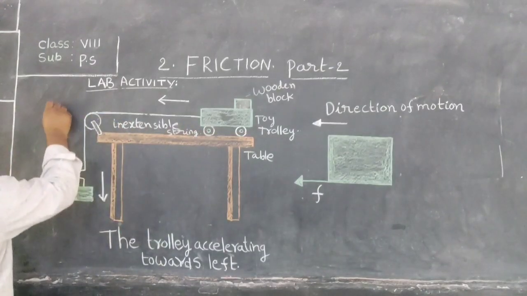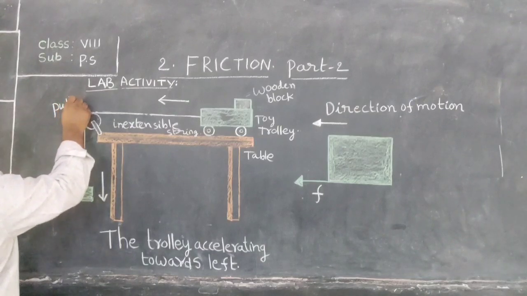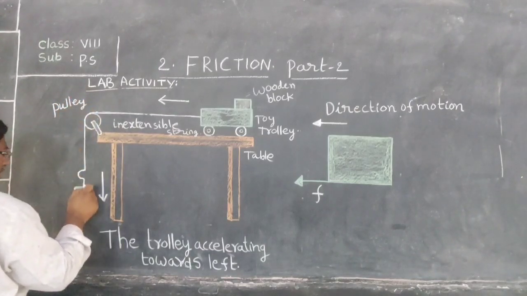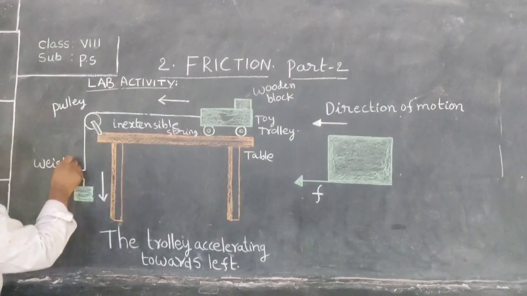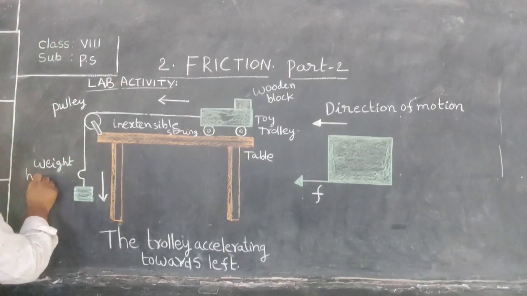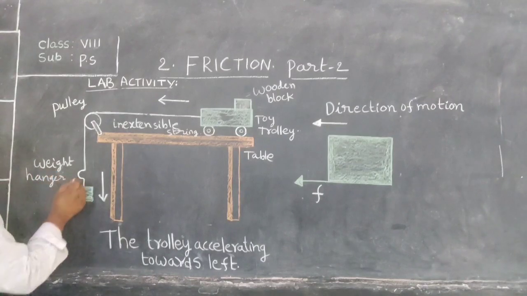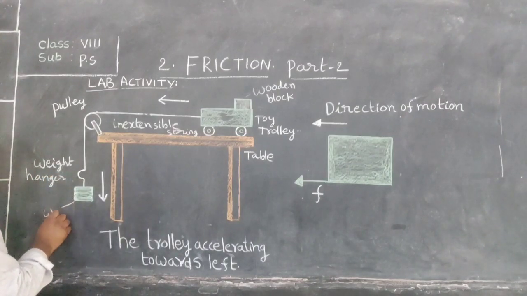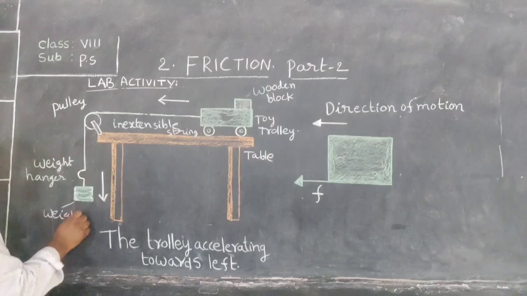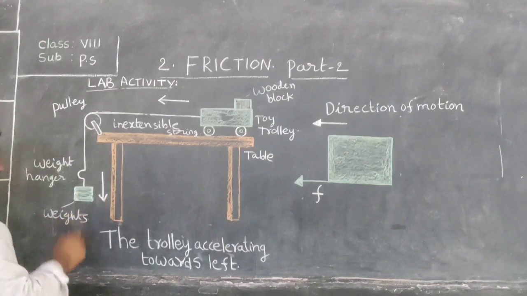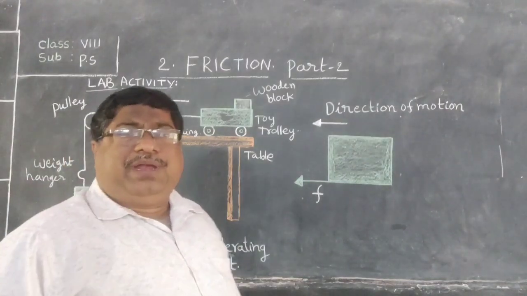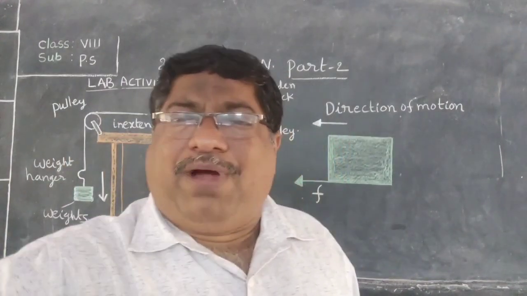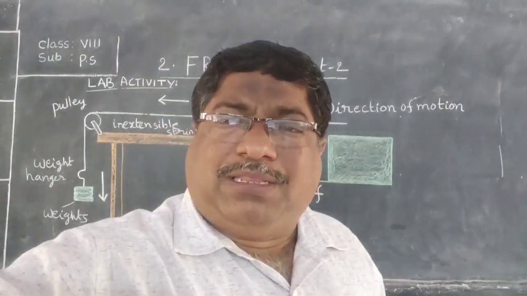Now this is called the pulley. Now this is called the weight hanger. Now these are called the weights. So these are the materials required.